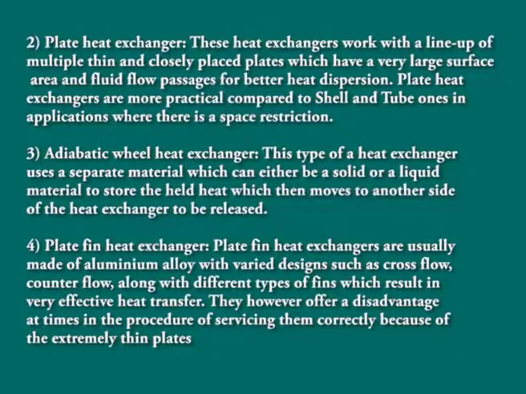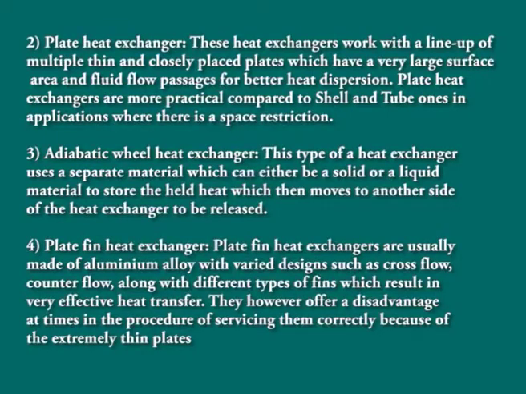The second heat exchanger is the plate heat exchanger, which works with a lineup of multiple thin and closely placed plates that have a very large surface area and fluid flow passages for better heat dispersion.